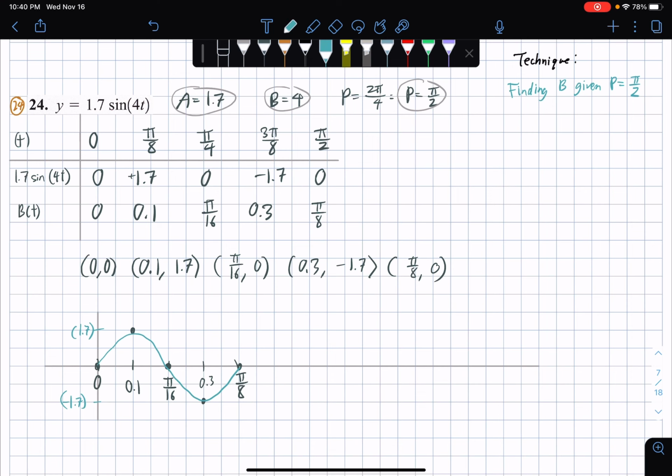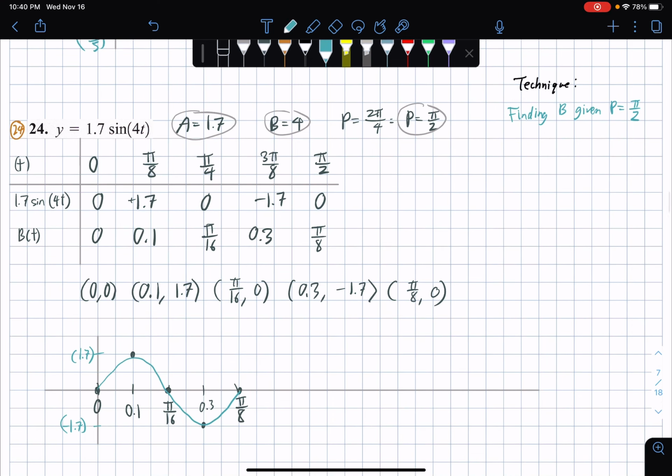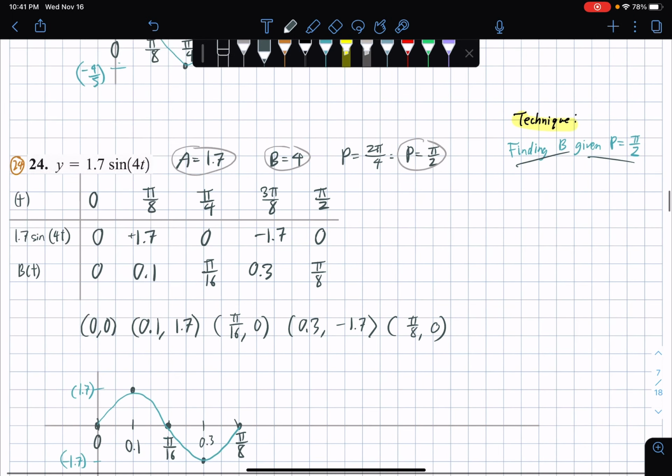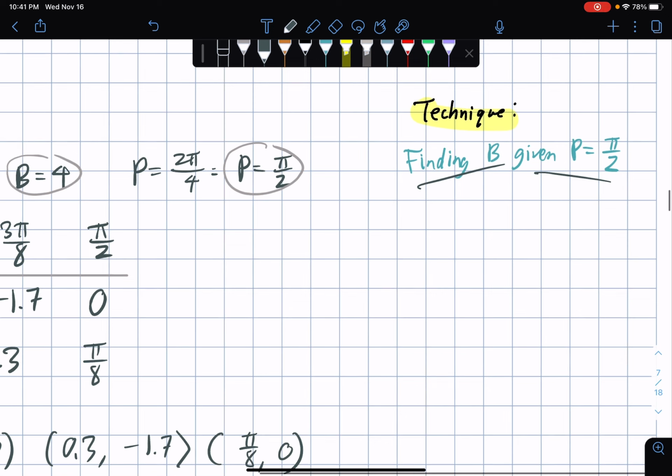There is something also essential that you have to know. There's a certain technique if you want to look for b given the p value. There are certain circumstances wherein the b value is missing, but the period is provided. So use basic algebra. Assuming that p is pi over 2, and the usual formula of p is 2 pi over b, what we're looking for is b.